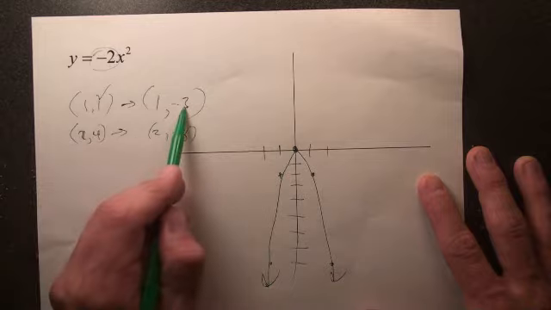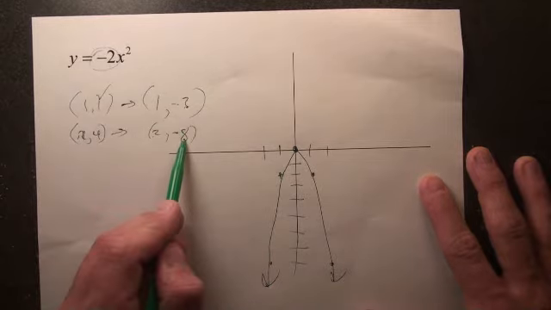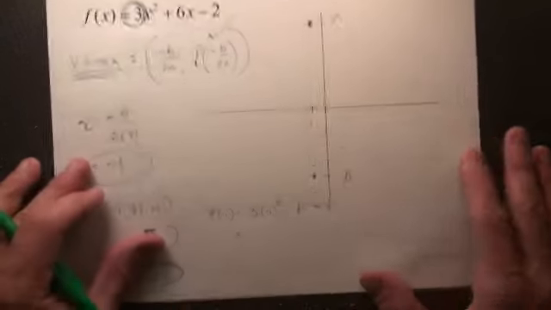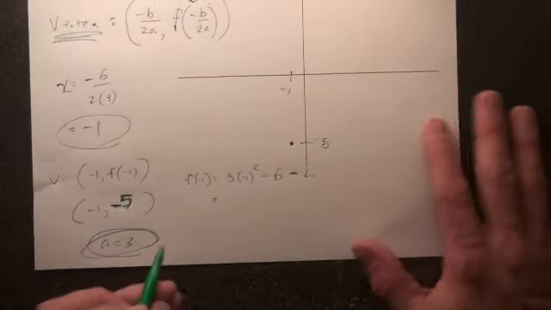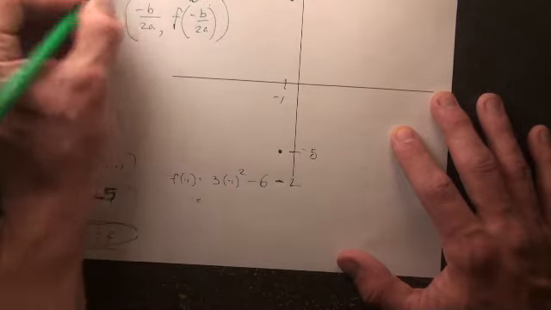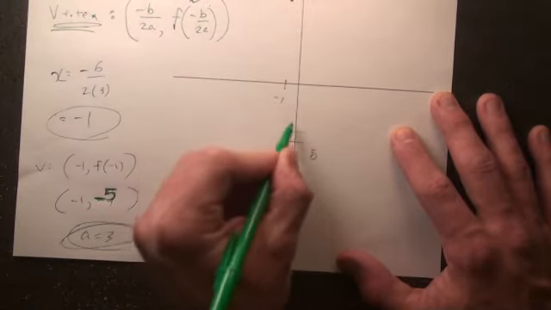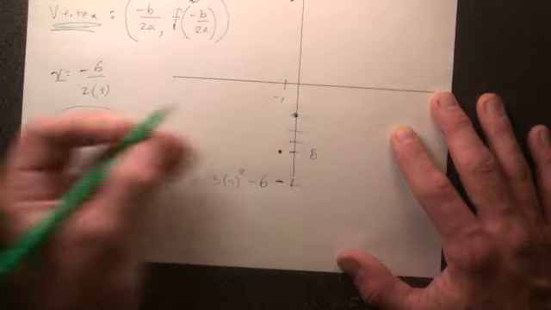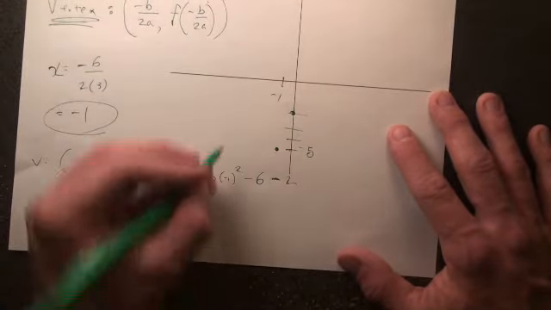So 1, 1 became 1, negative 2. 2, 4 became 2, negative 8. Alright? Bam! So, we're going to go to the right 1 and up 3. Right there. That's going to take you to a negative 2.